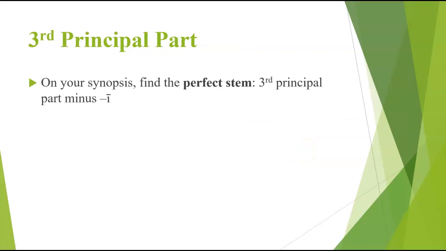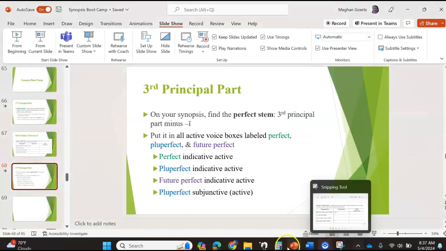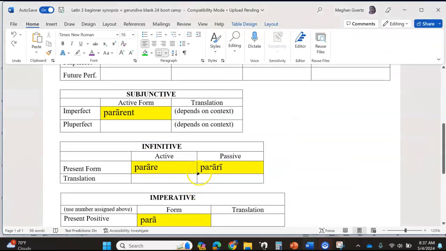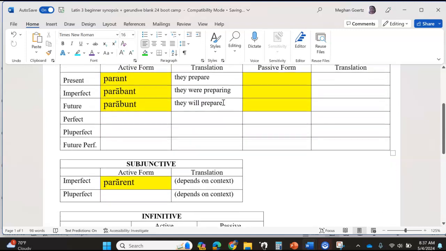Okay, so we're just going to do the synopsis now because we're just doing the stem. We're going to find the perfect stem, and we're going to put it in all the active voice boxes labeled perfect, pluperfect, and future perfect. So we're going to our synopsis. Okay, and we're going to highlight the third principal part because that gives us our perfect stem.